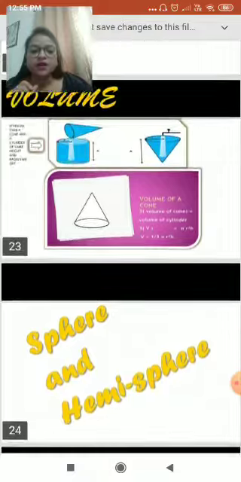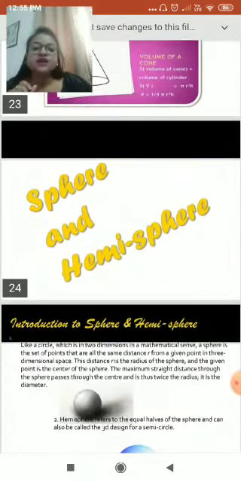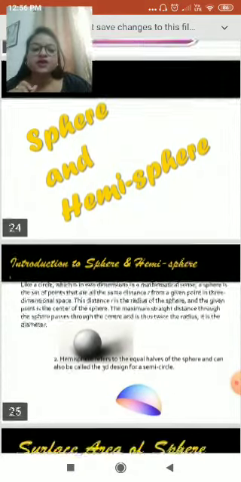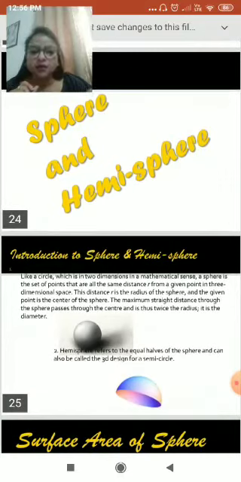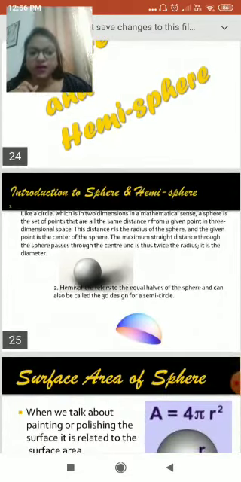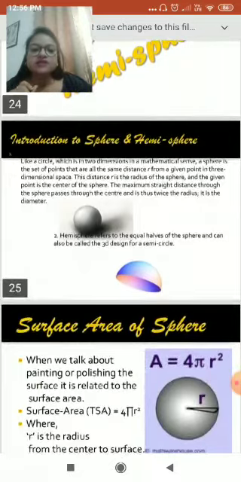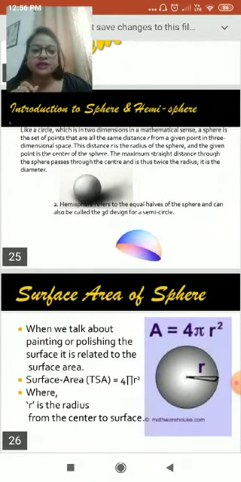Then let us talk about the sphere and the hemisphere. Now sphere, the best example is a ball. When it is cut from the middle, you get a structure that is called a hemisphere. Like a circle which is two-dimensional, in a mathematical sense a sphere is a set of points that are all the same distance r from a given point in three-dimensional space.